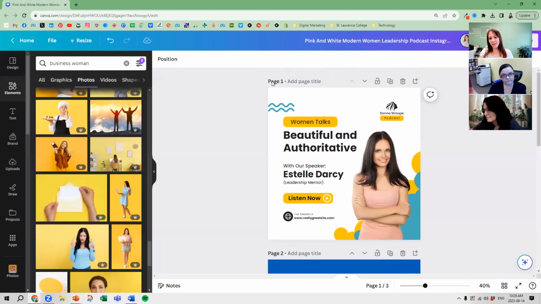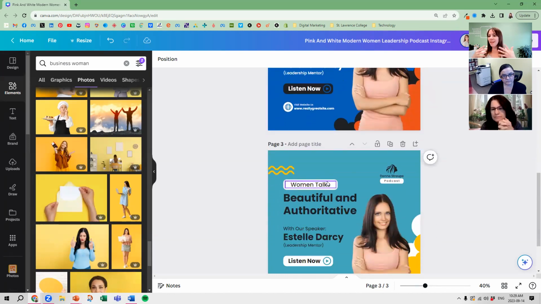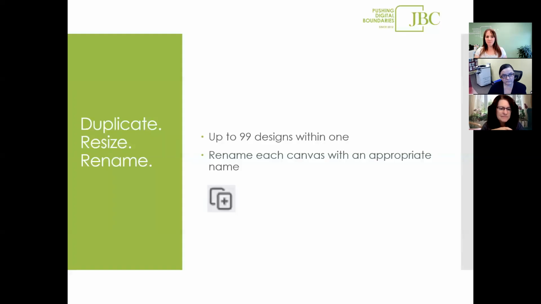That's what this is up here: page 1, add page title. You can say design white background, women's leadership. So when all of these download together, it will say white background, blue background, turquoise, and so on. It gives you more context as opposed to 1 through 35, which I, yes, have been guilty of doing as well.